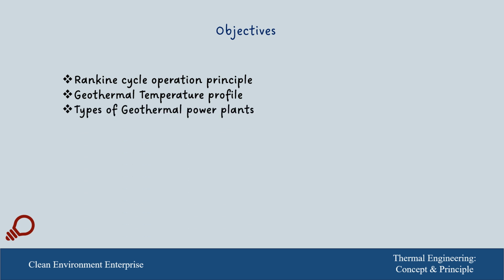We have the types of geothermal power plants, and we will describe one of them, which is the dry steam geothermal power plant, in the present video. And finally, we have the closure for our episode and the contents of this video.